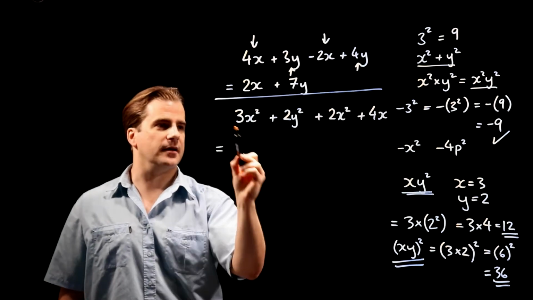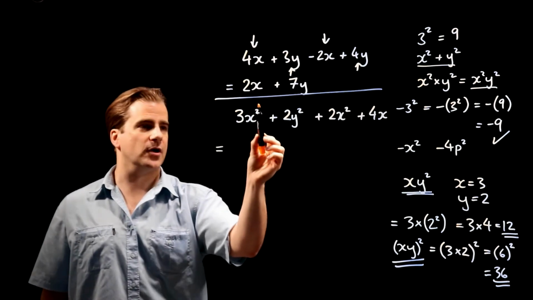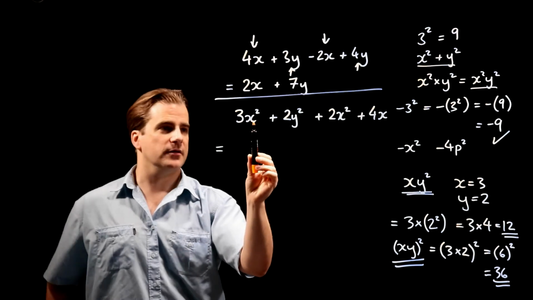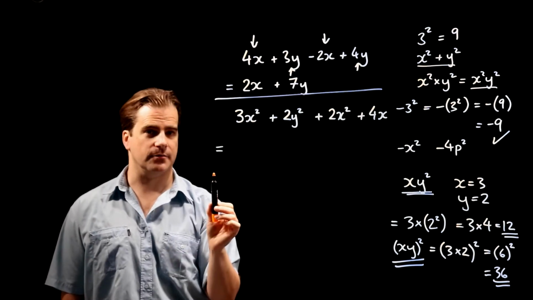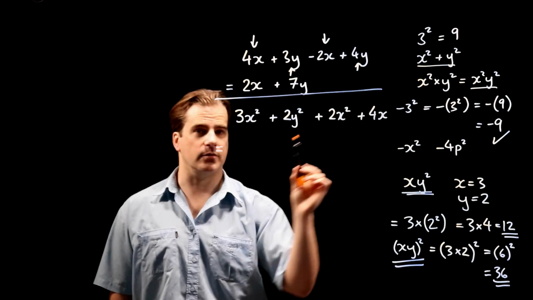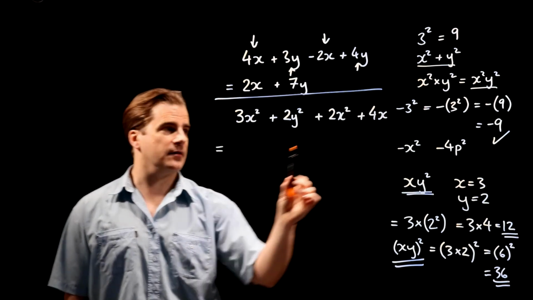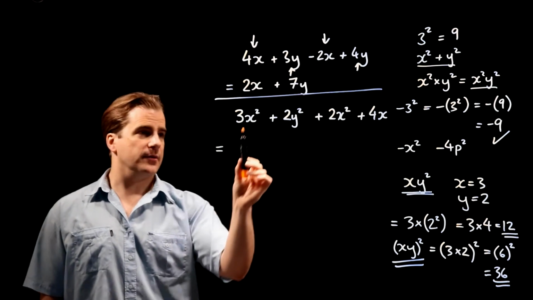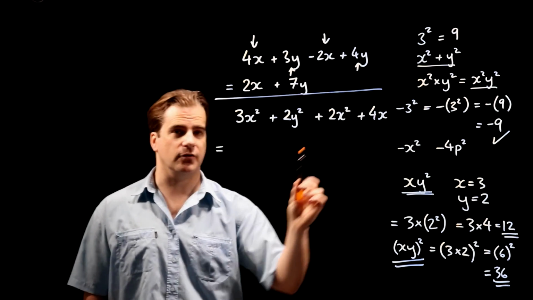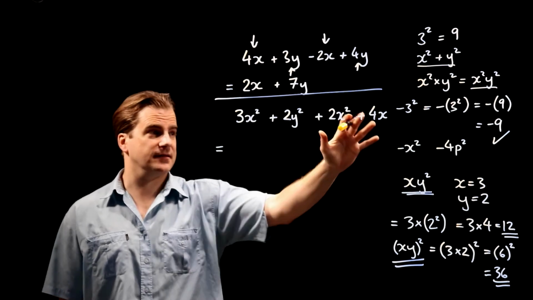Look at this term here. Which of these terms can we combine this one with? Well, this is an x squared term. It's not an x term like that one. You can't combine an x squared term with an x term. We can't do 3x squared plus 4x. That's as simple as it gets.